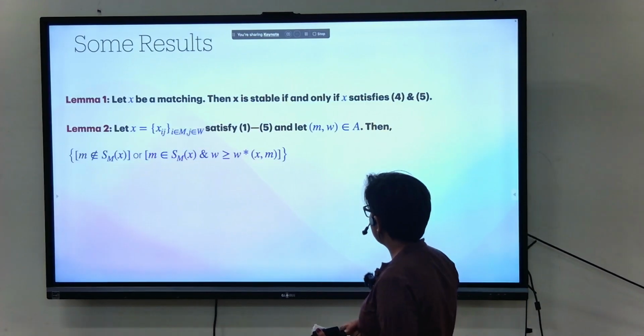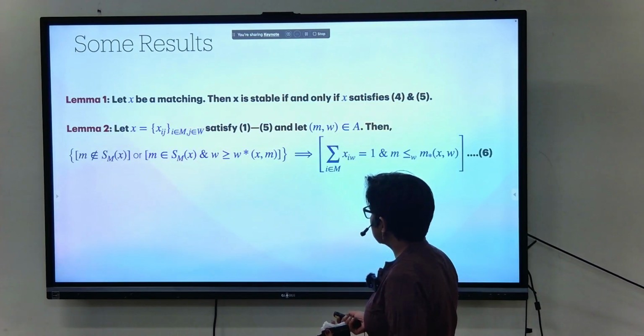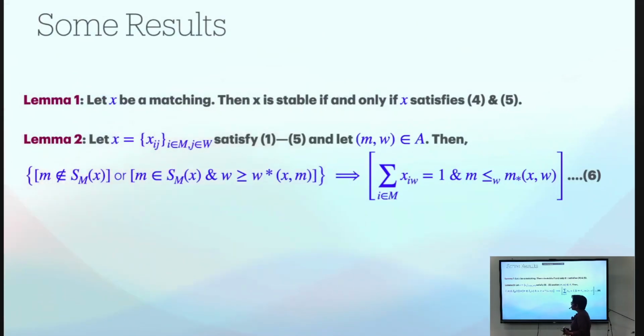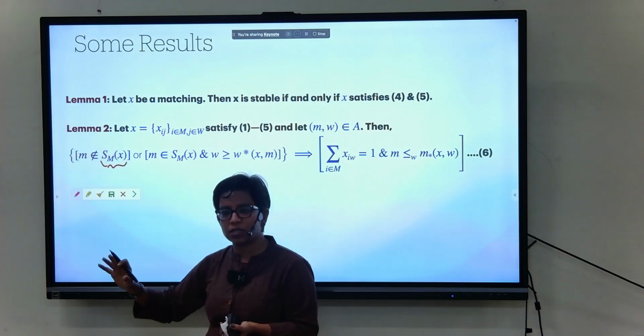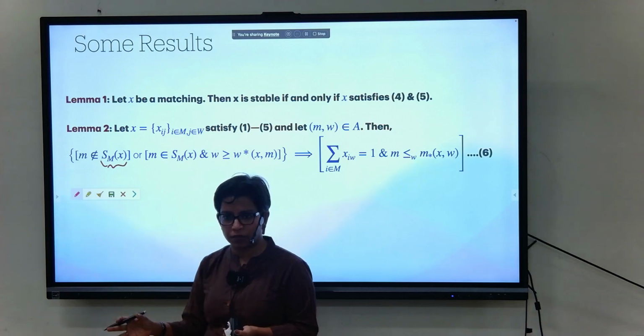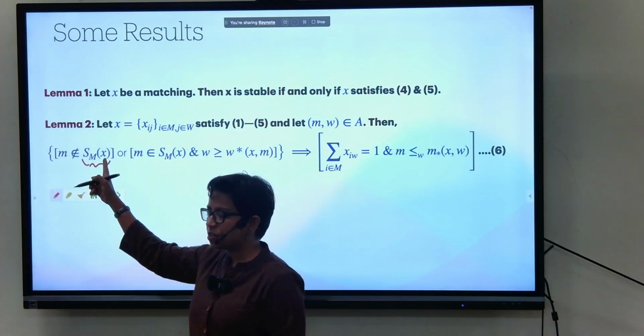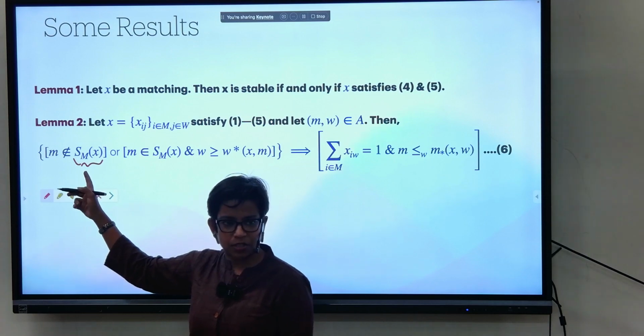So S capital M_X, this set consists of all those rows, or rather all those male agents who get at least a non-zero valuation from one of the women. Meaning in this matrix X, let's think in terms of matrix only, that will be helpful.